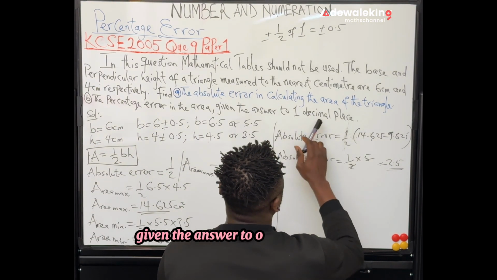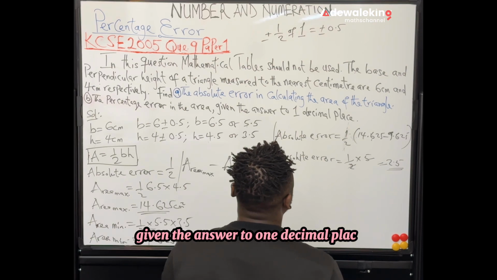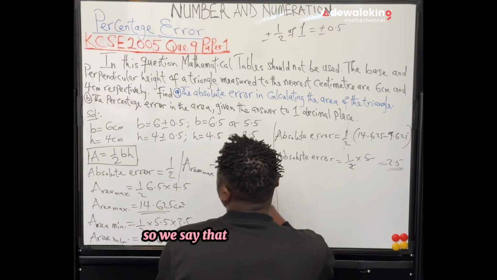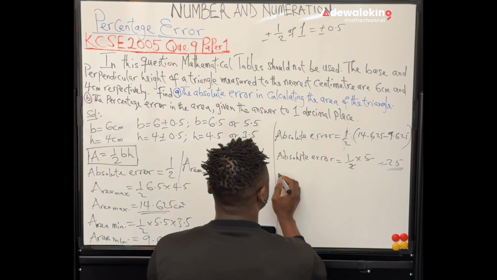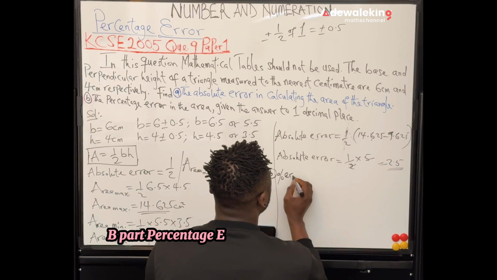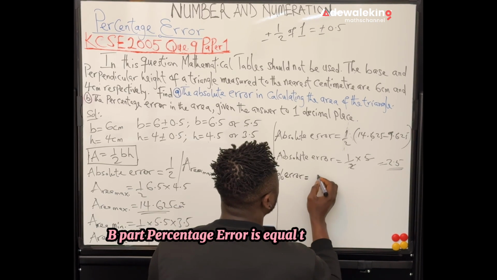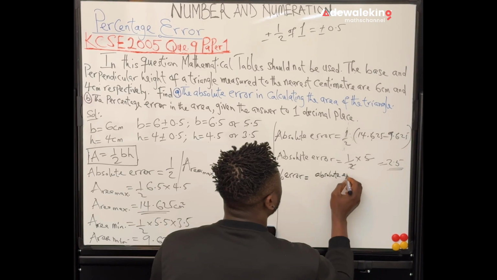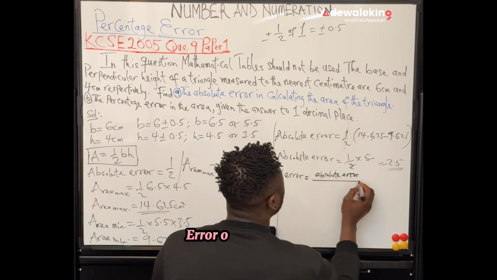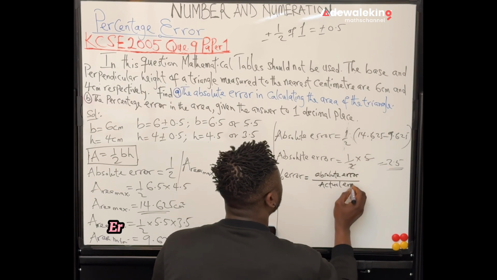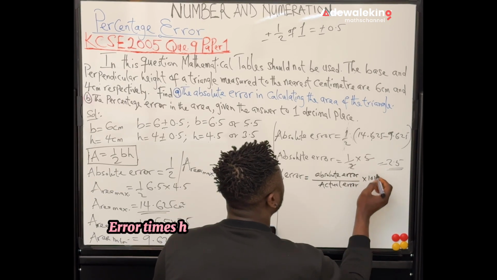So the next question is to find the second part, which is the percentage error in the area, giving the answer to one decimal place. So we'll say that the percentage error, that is the B part, is equal to the absolute error over the actual value times 100.